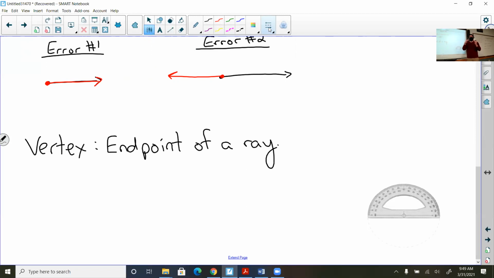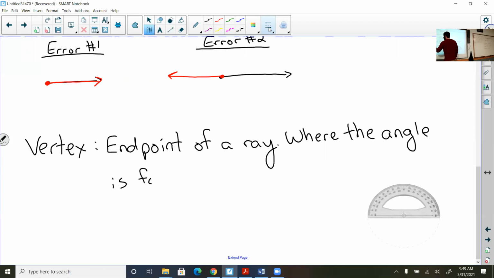So when we have two rays that meet at the endpoints, they're going to be forming this vertex, and it's the vertex where you find the angle. So it's where an angle is found. So it's at the endpoint, and obviously an angle is formed when you have two rays that are not collinear, so they're not the same thing, they're not aligned, and they then form an angle at the vertex.